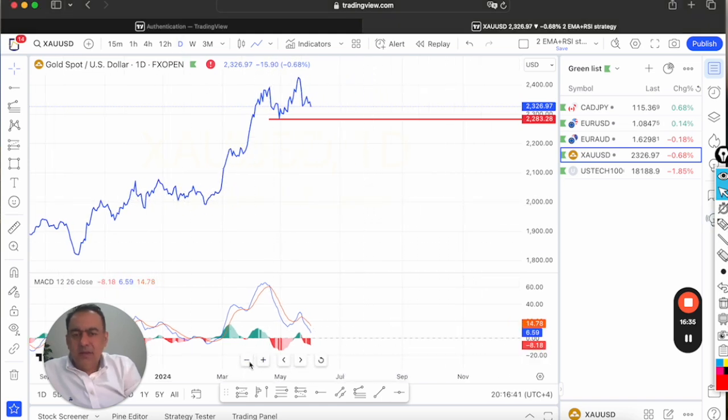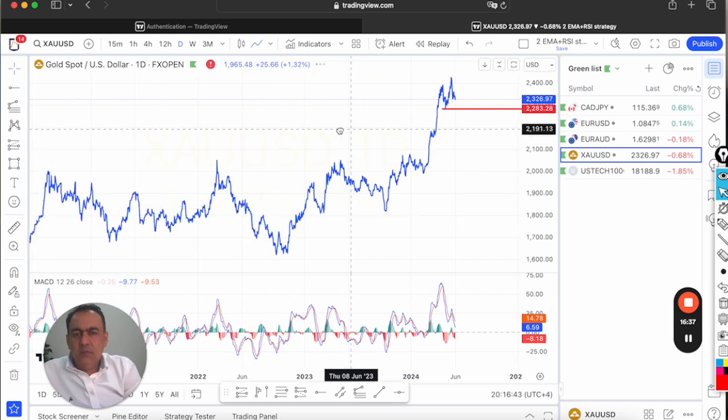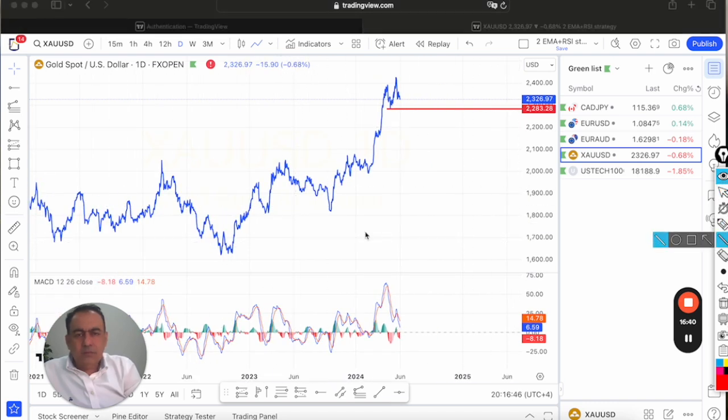Now I'll be using this reference. So here we have low, higher low, higher low, higher low, and higher low. So we can check the retracement levels based on the latest turning point.